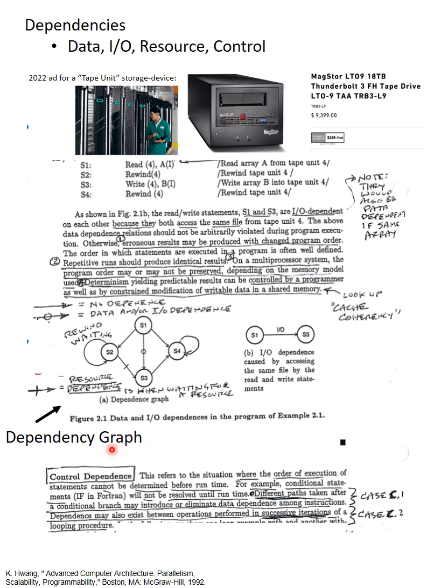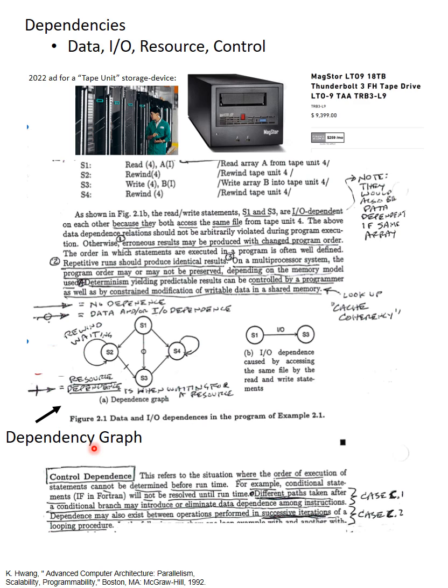And then below here are control dependencies, where the order of execution of statements can't be determined before runtime. So, for example, conditional statements like an if statement will not be resolved until runtime.